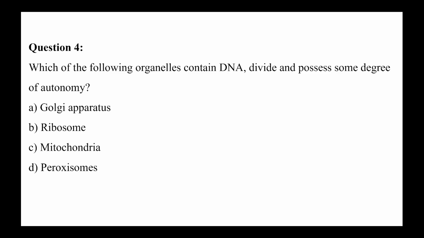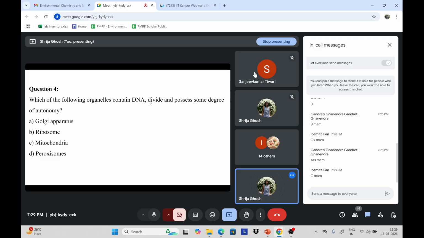Which of the following organelles contain DNA, divide, and possess some degree of autonomy? Option A, Golgi apparatus. Option B, ribosome. Option C, mitochondria. And option D, peroxisome. Okay, we have one answer, option C. What about others?